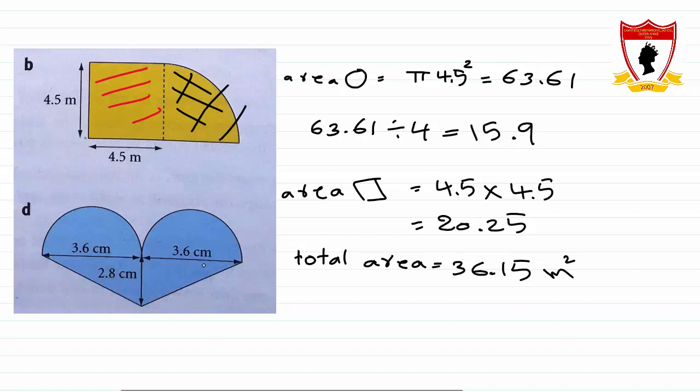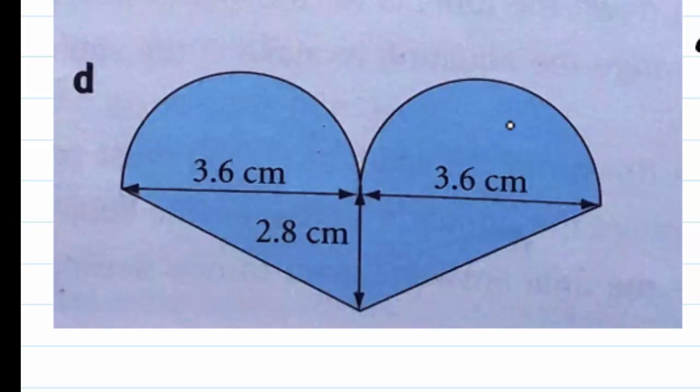For this shape, we have a triangle and 2 semicircles. When we have 2 semicircles, we can consider them as one whole circle. So we calculate the area of one circle only. The area of one circle with the diameter 3.6. The diameter is 3.6.